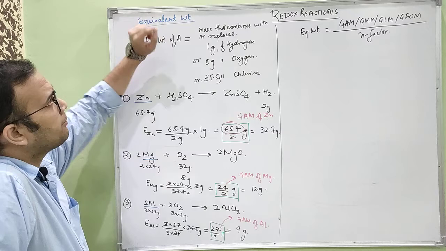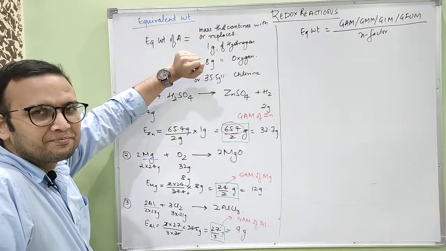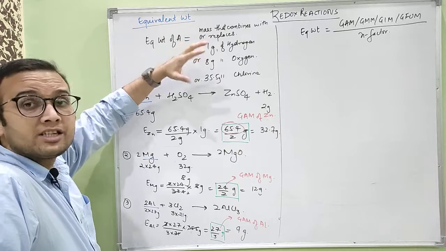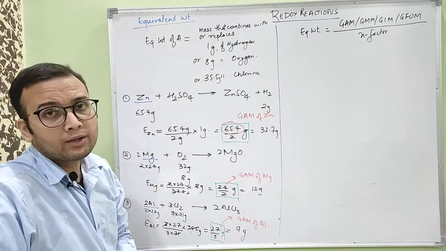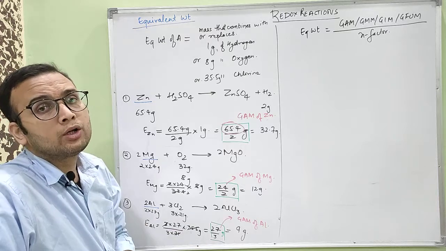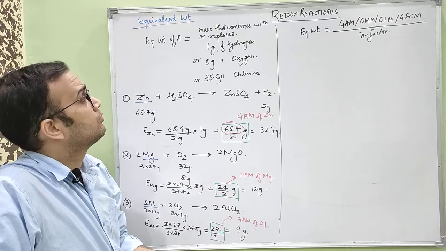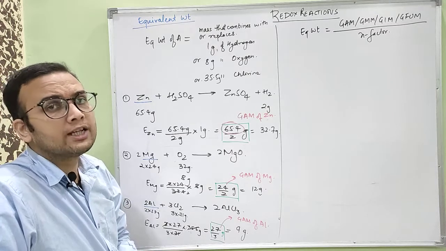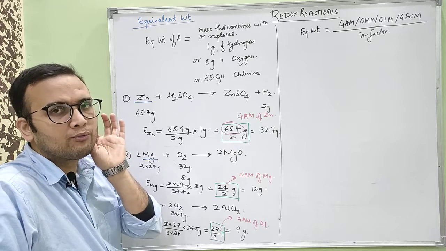Now, there was something I mentioned in the beginning. The definition looks similar to that of valency. Don't you remember? Valency is what? The number of hydrogen atoms it combines with, or twice the number of oxygen atoms it combines with, or 1 times the number of Cl atoms it combines with. That is how valency is defined.